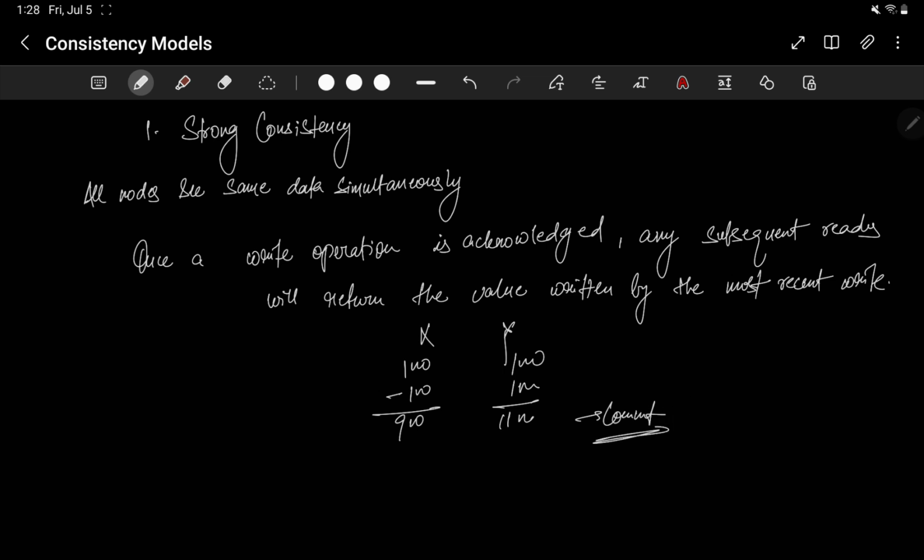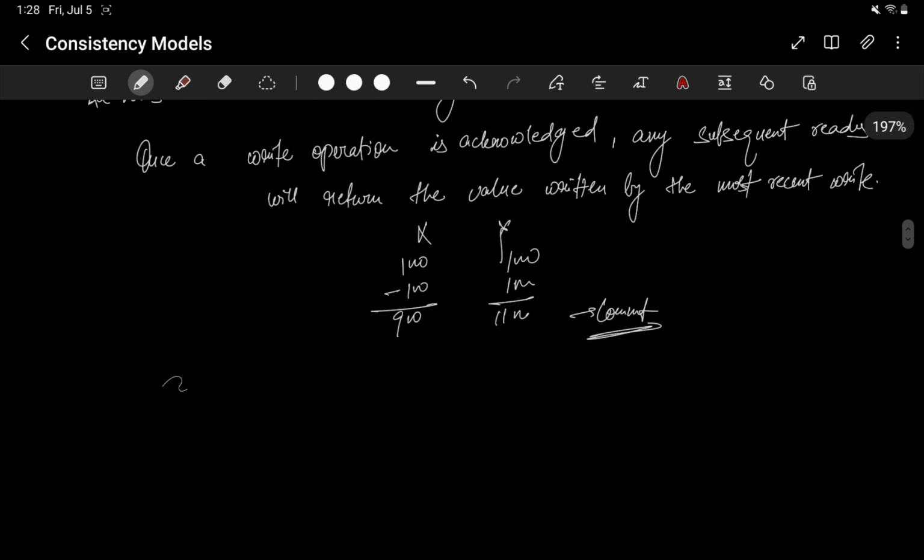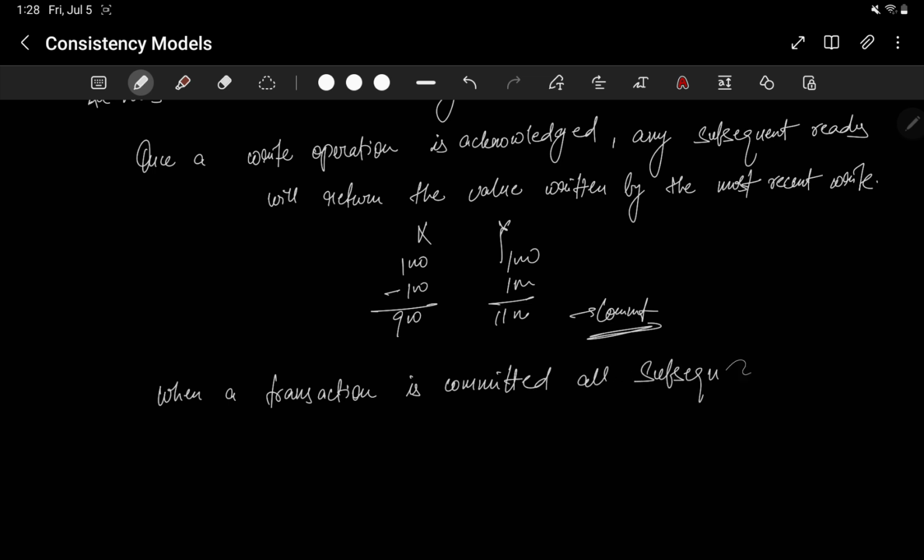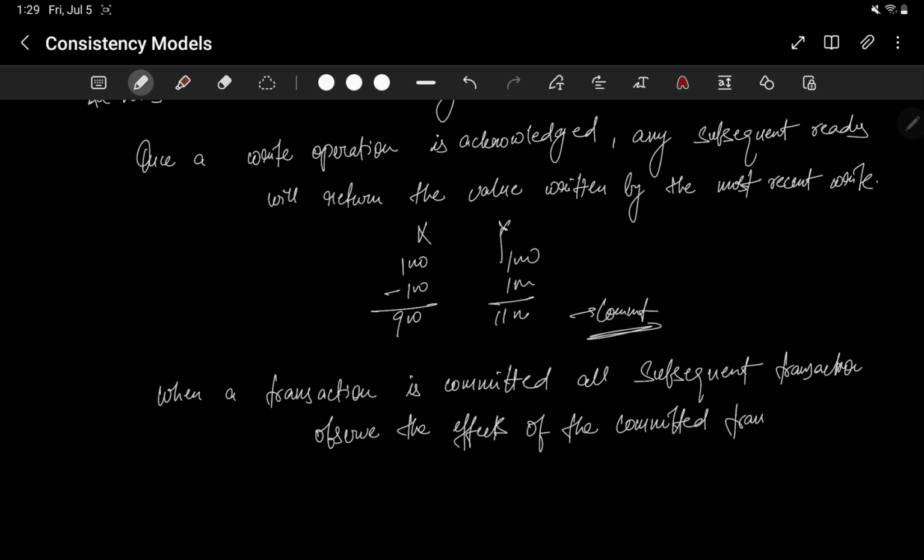Then when a transaction is committed, all subsequent transactions after this observe the effects of the committed transaction. What does this mean?